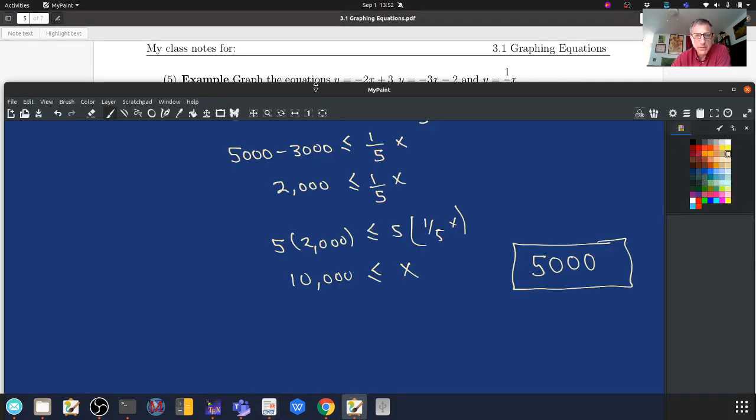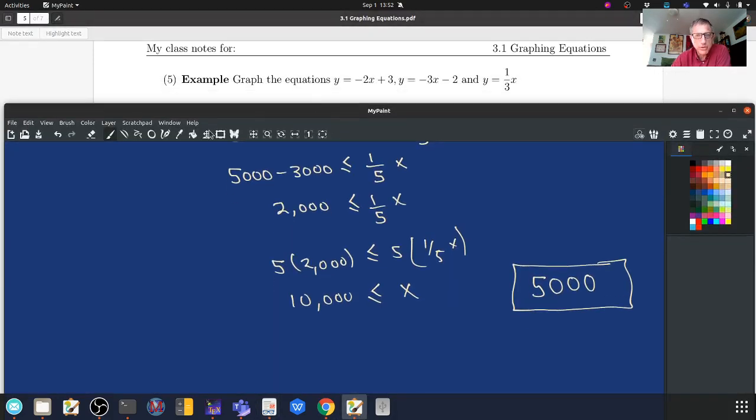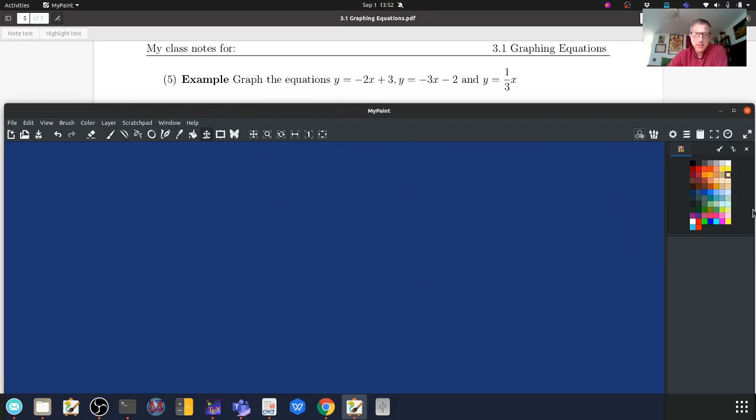So let's look at the very first equation. We have an equation that says y is equal to minus 2x plus 3.